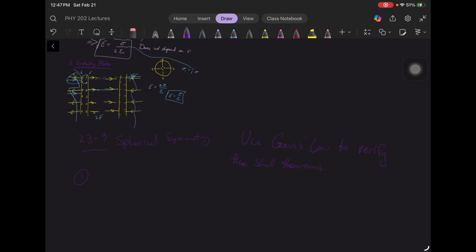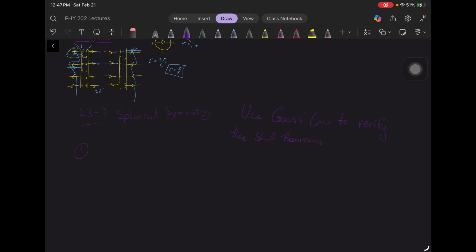The first shell theorem says that if we are outside the shell, treat it as a point particle.